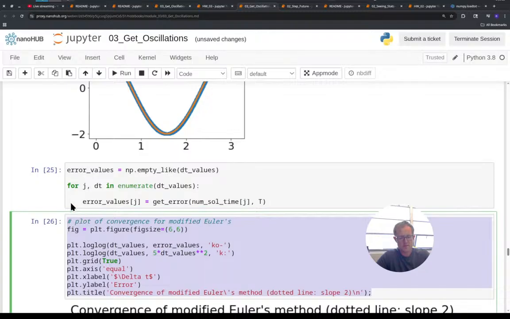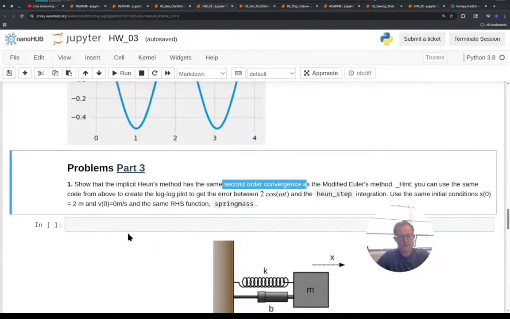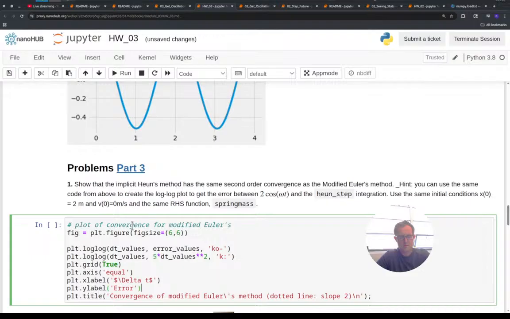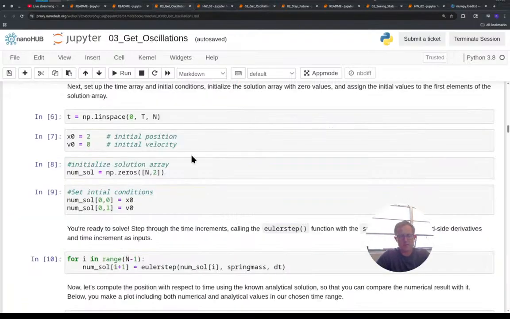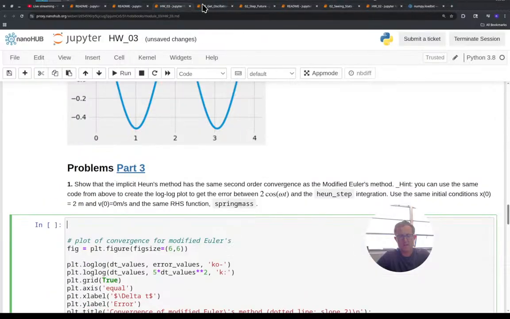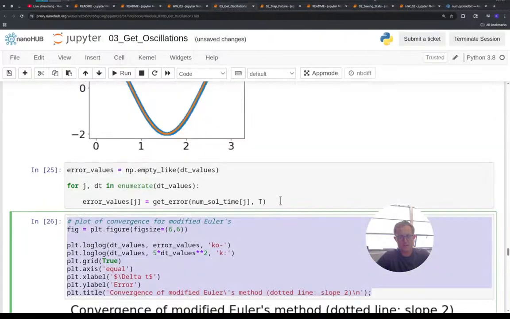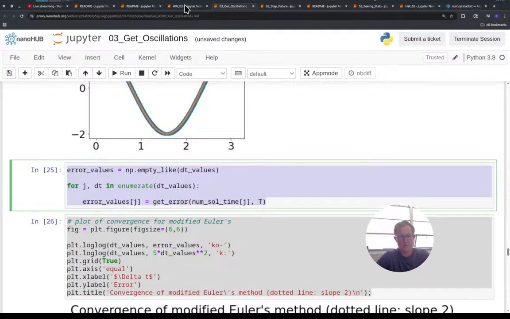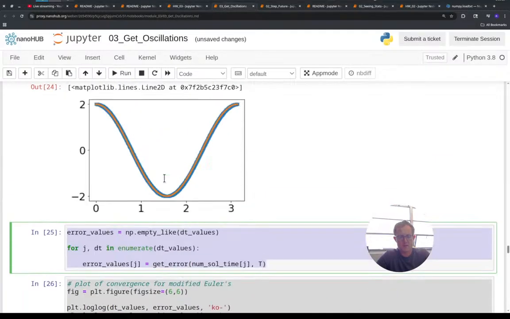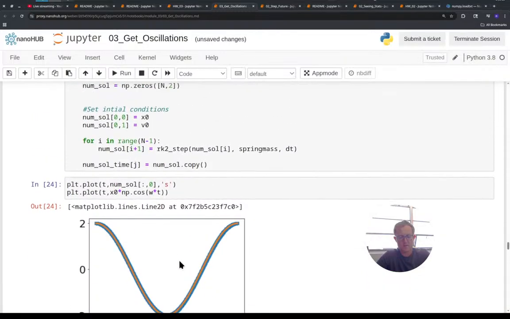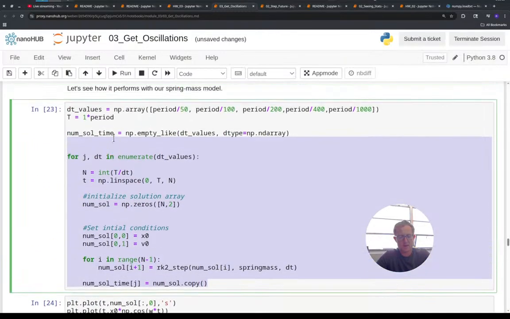So I'll grab this. I'll grab, oh, not that one, that was over here. I'll grab this. And then I don't need that plot, but maybe I'll grab all of this.